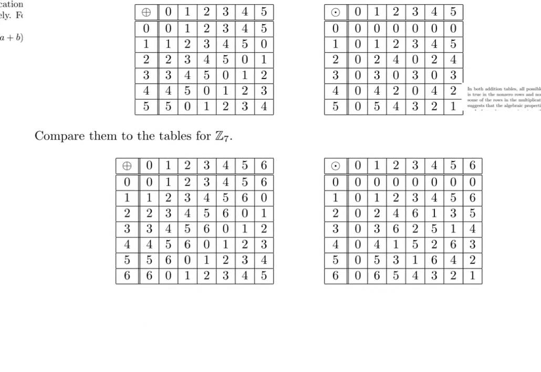What about z mod 7? Again, very similar patterns to z mod 6 for the addition table. Let's focus more on the multiplication table. Again, there's the 0 column and the 0 row. But notice there's a bunch of places where we see ones.